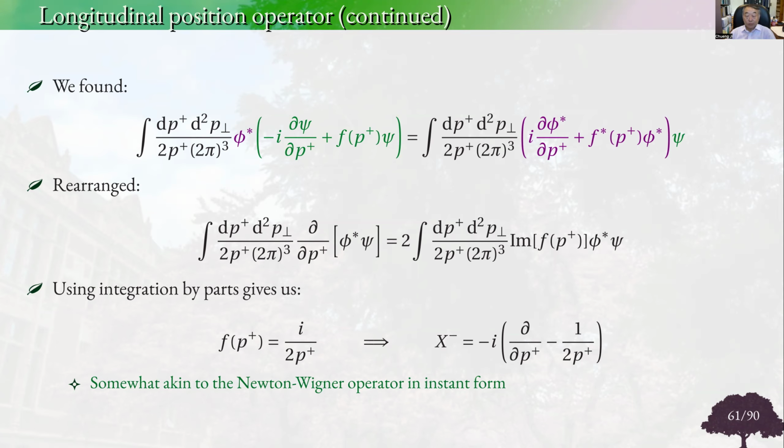But I think the point is that in the light front, the space and time is really a mixture of time and space. Well, even with instant form, space and time are really a mixture of time and space in another sense. Whenever you do a Lorentz transformation, you mix up space and time.